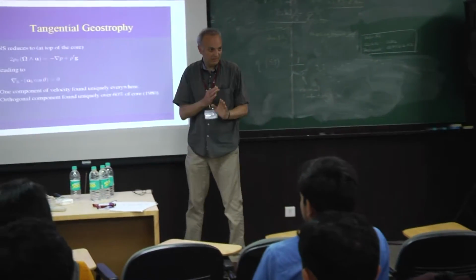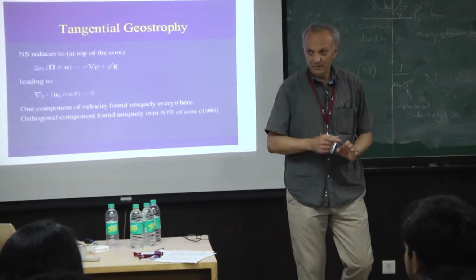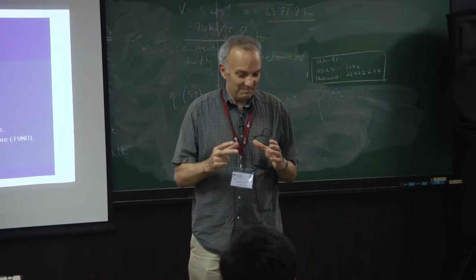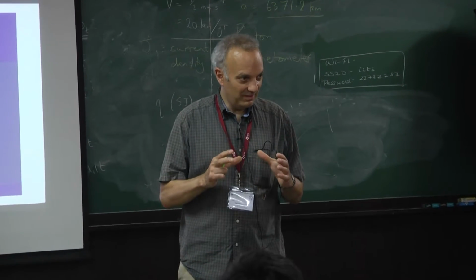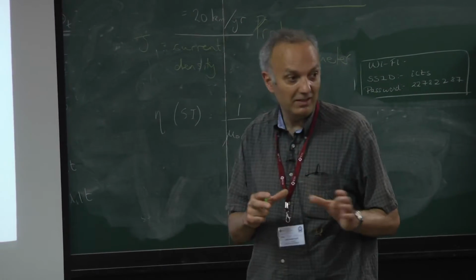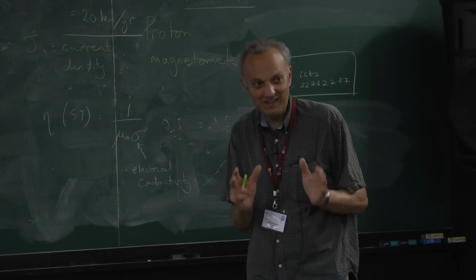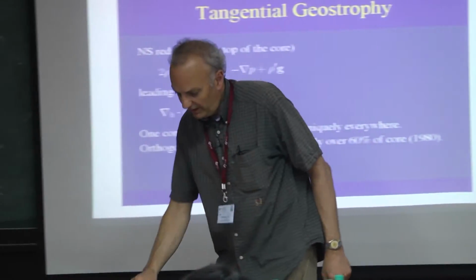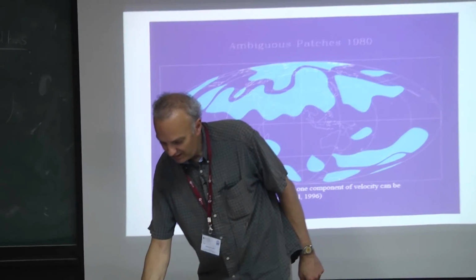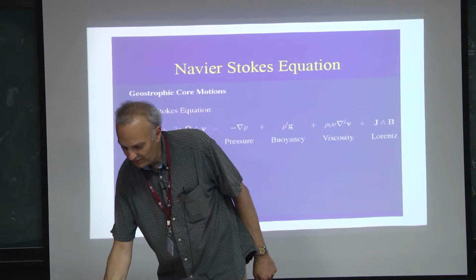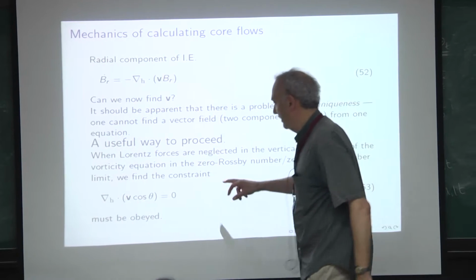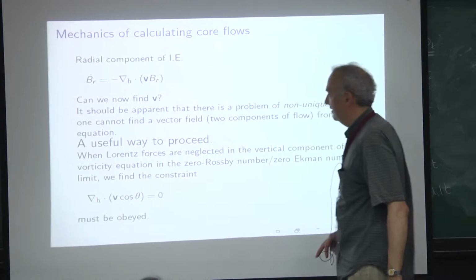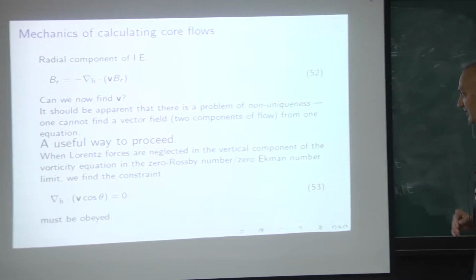So omega is known precisely. We're going to see in a moment that there are some very tiny variations in the rotation speed of the Earth, but for the moment, we'll pretend it's constant. Okay, so that was a crash course in exactly how we come to get this other constraint, which arises when we neglect Lorentz forces.